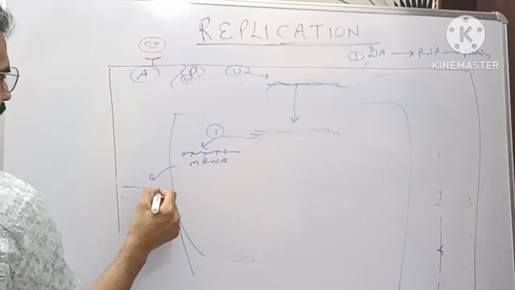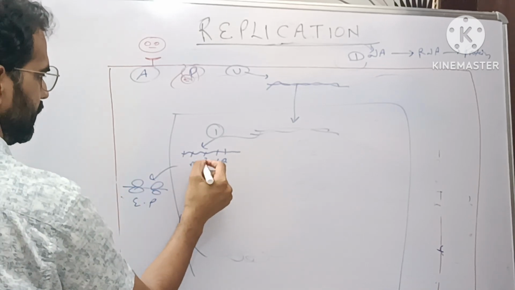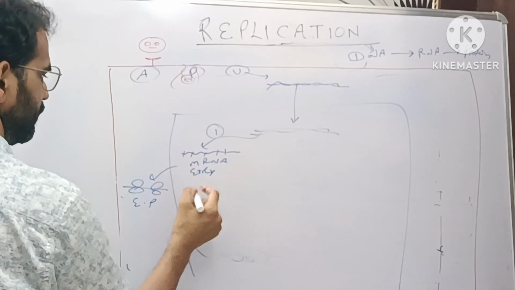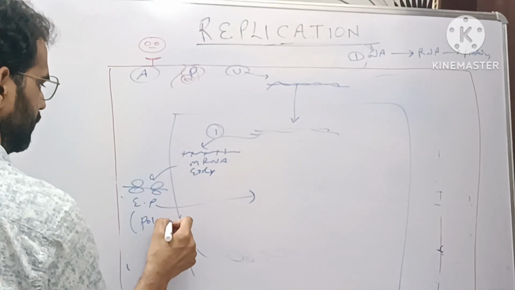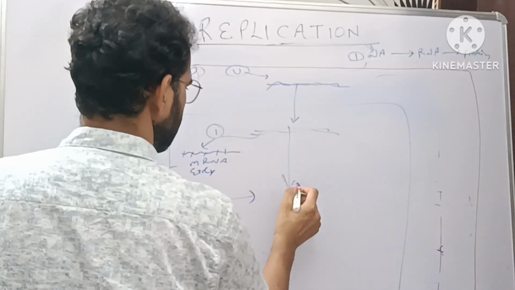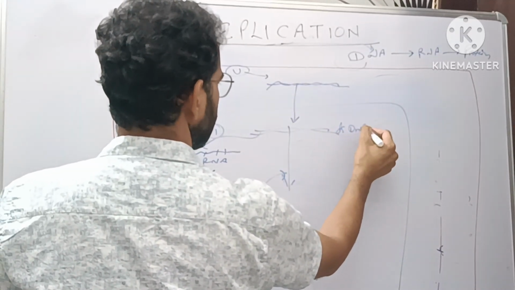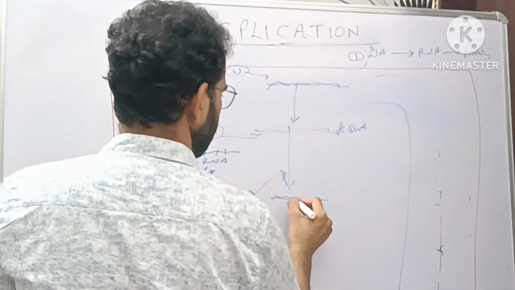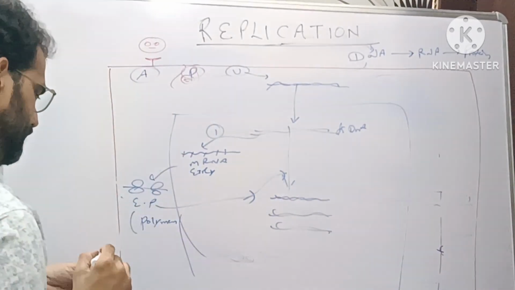Then it forms early protein. This is early messenger RNA, early protein. These are nothing but the polymerase enzyme. They enter and cause this parental DNA to become progeny DNA.